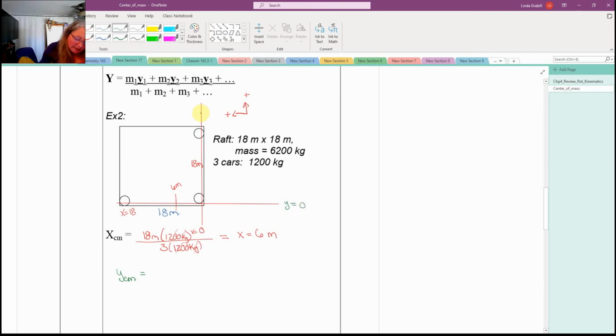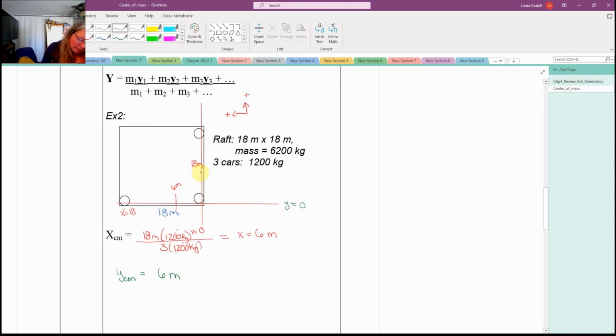So that means I only have the one on the y, because from y equals 0, these two are 0. I feel like I don't need to do any math because I have this symmetry. Again, I have 18 meters away for that one mass from y equals 0, and the same 12, so my y center of mass is also going to be at 6 meters.